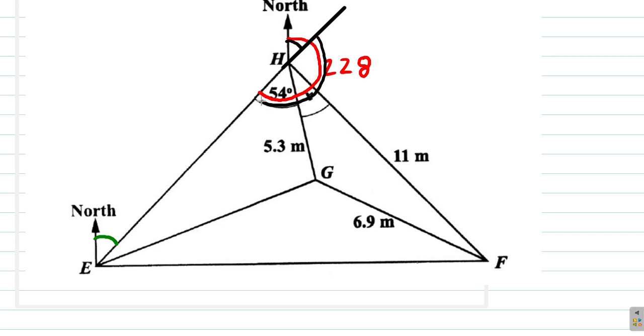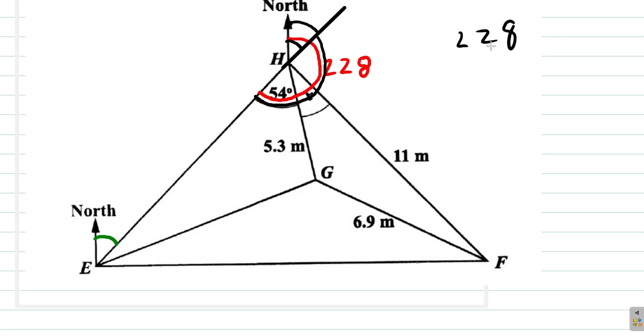From here to here is 180, since it's on a straight line. So from here to here, which is what we want, we'd have to take the 228, since the 228 goes all the way around, and drop 180 from it. So we get the remainder.